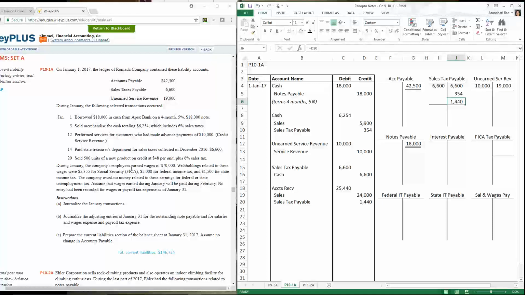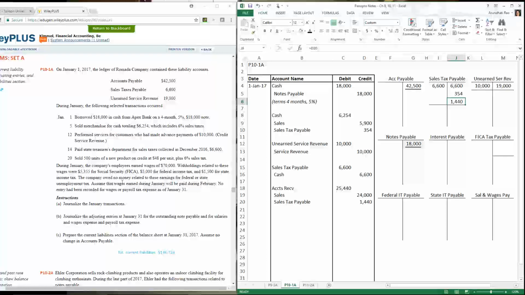During January, the company's employees earned wages of $70,000. The withholding related to these wages is $5,355 for Social Security, that's FICA taxes, $5,000 for federal income tax, and $1,500 for state income tax.